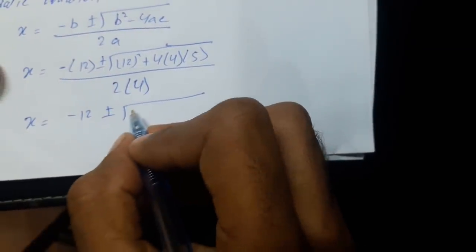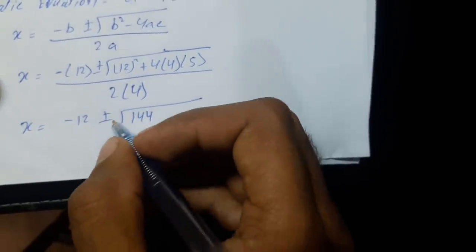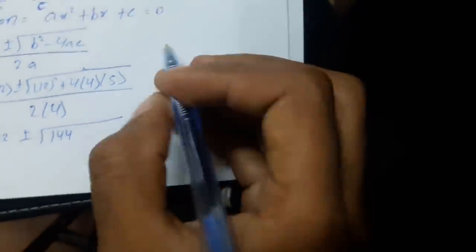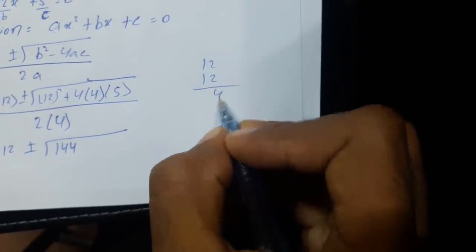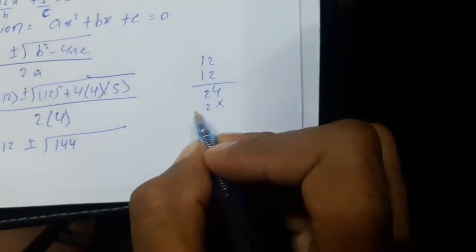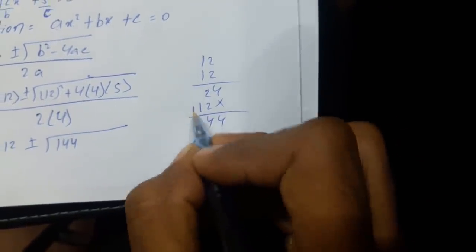So 12 into 12 is equal to 144. You should remember these values. Otherwise you can multiply here on the rough side. 12 into 12: 2 2s are 4, 2 1s are 2, 2 1s are 2, 1 1 is 1. So 4, 4 and then 1.